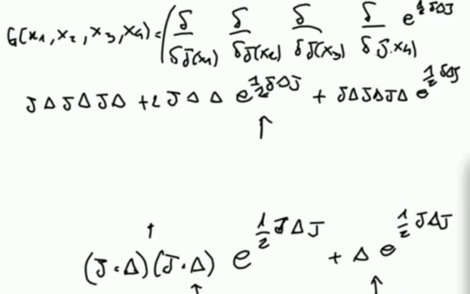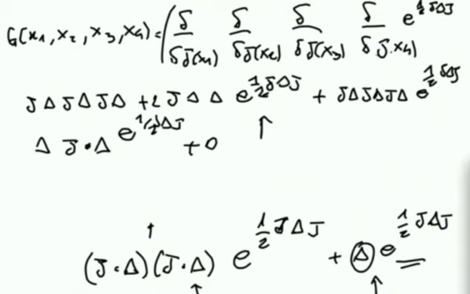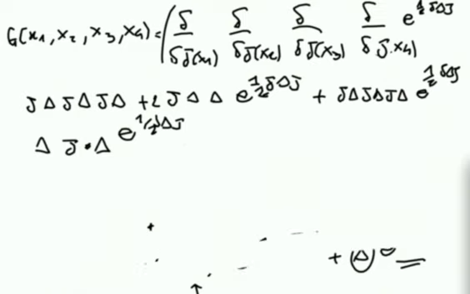And this will be delta j delta e to the 1/2 delta jj. That's when I act on this part. And I get 0 when I act on the functional derivative here, so I don't get anything else. Now I'm left with the last functional derivative. But now you see that not all of these terms can survive the last action.